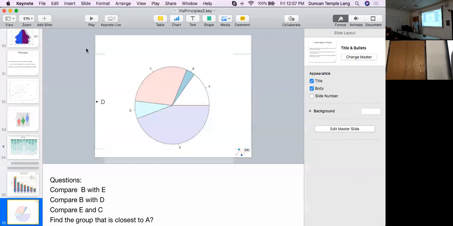B with D. E with C. This is too hard. Which one is closest to A?